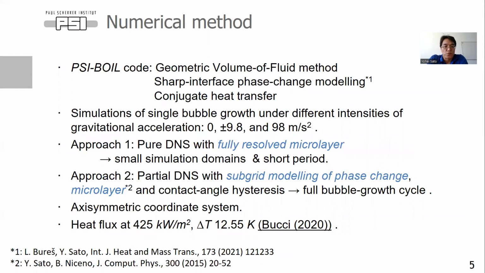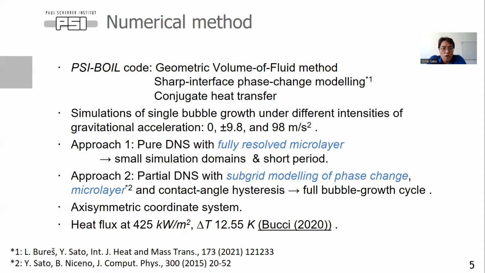For CFD simulation, we use the in-house CFD code, PSI-Boil. It uses geometric VOF with sharp interface phase change modeling, and conjugate heat transfer between solid and fluid is taken into account.